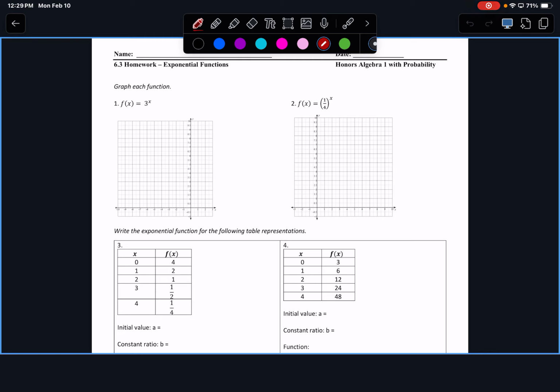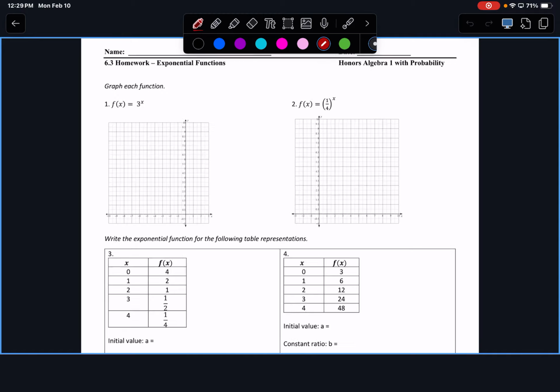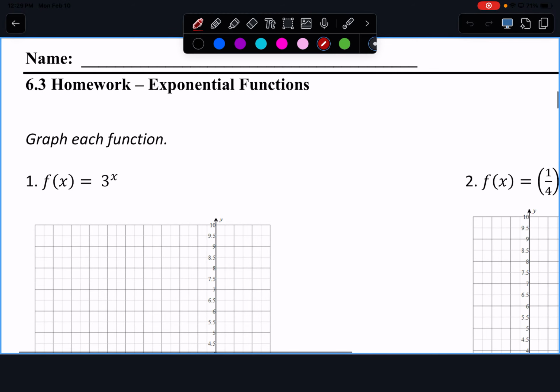So all in all, you are going to be responsible for completing 6 questions. For 6.3, the questions that you need to do on your own are 2, 4, and 8. And we're going to go over the rest of those together.